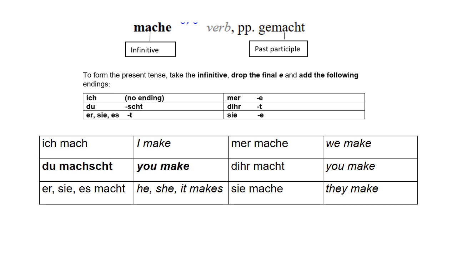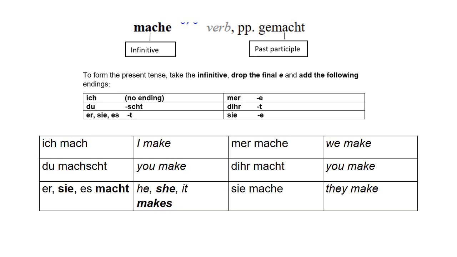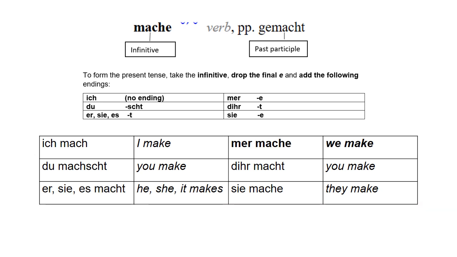Du machst, you make. She makes would be sie macht. We make would be mir mache. You make, you plural, would be ihr macht. And they make is sie mache.